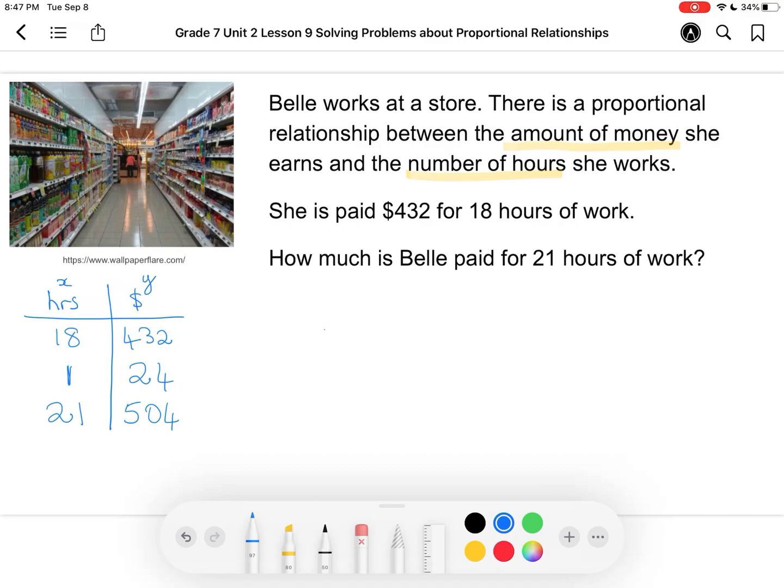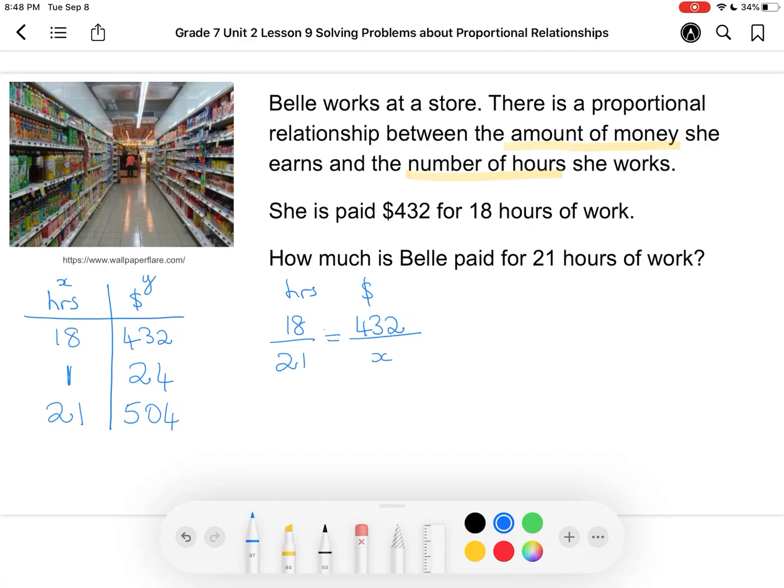I could set up a proportion. I could say hours to dollars, 18 hours, $432. And for 21 hours, how many dollars would she earn?